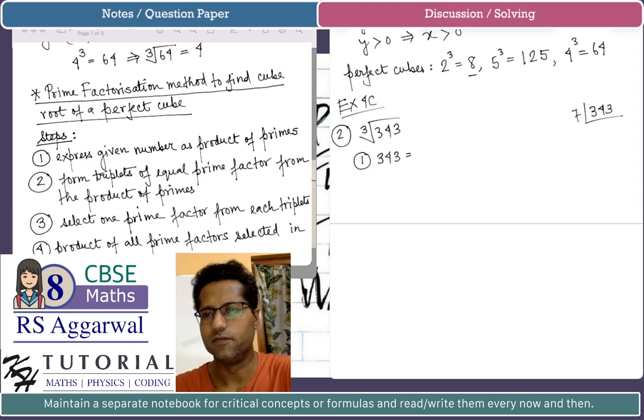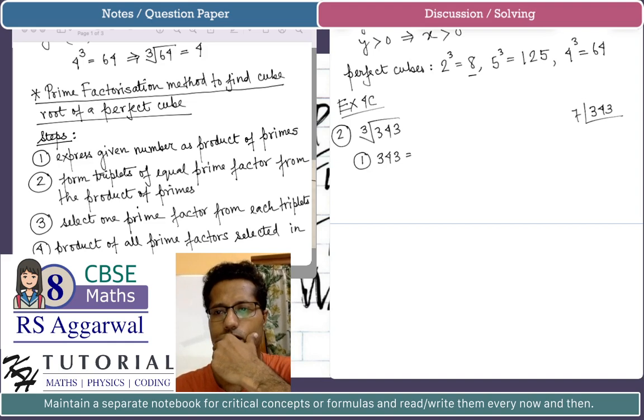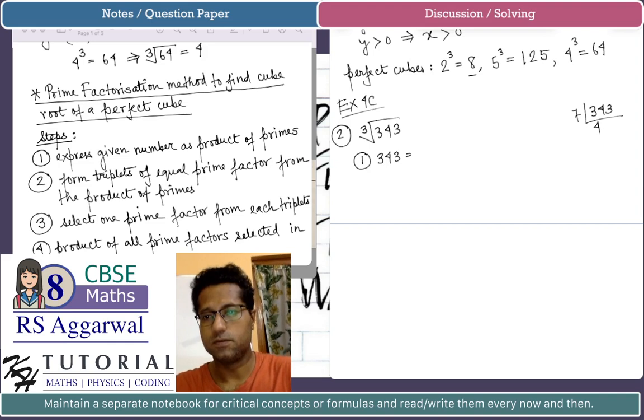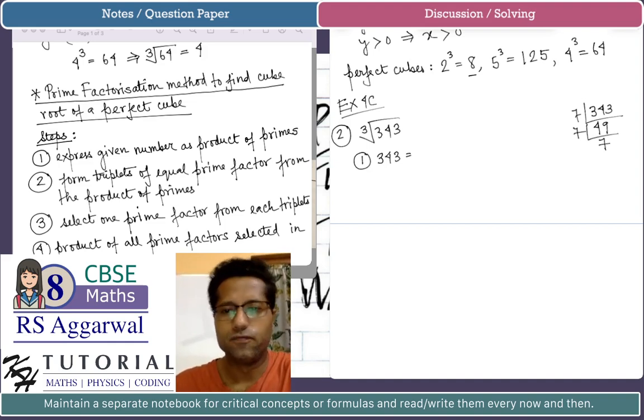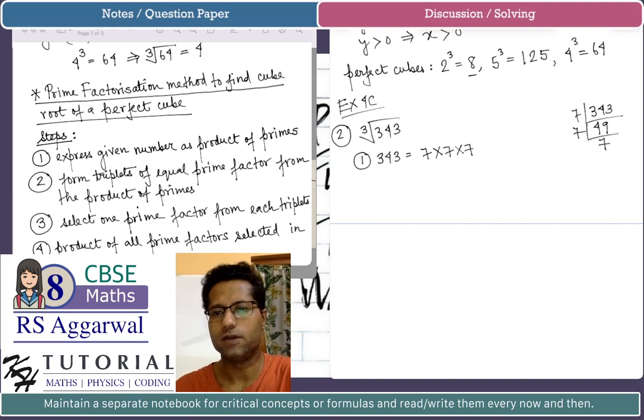I know this is 7 cube, so it will divide by 7. So 343 is nothing but 7 into 7 into 7. This is the prime factorization of the number 343.